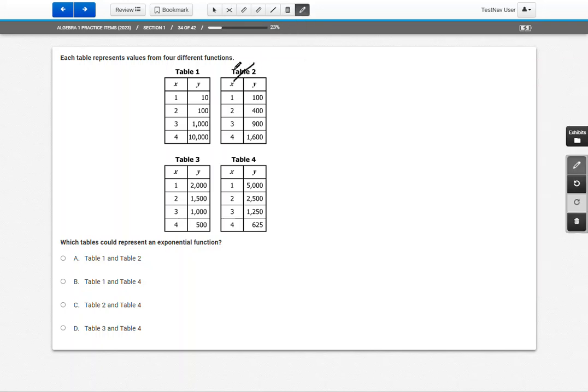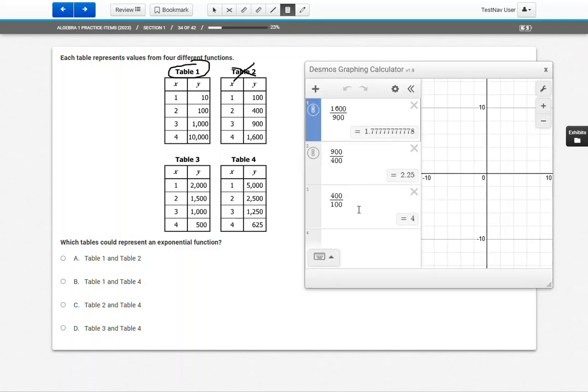This is not an exponential, this is an exponential, and it says which table, so I'm picking two tables. I just need to keep looking. Let's try table number 3. 500 divided by 1,000, 1,000 divided by 1,500.